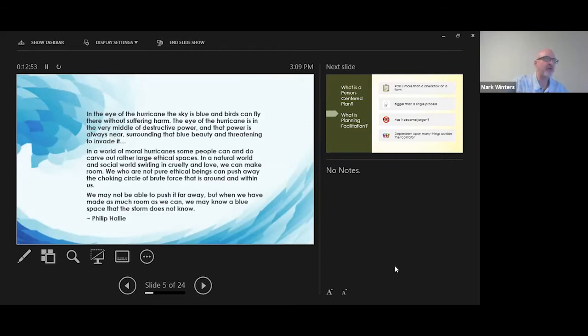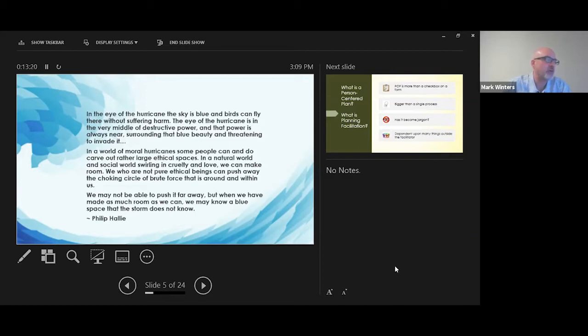In the eye of the hurricane, the sky is blue and birds can fly there without suffering harm. The eye of the hurricane is in the very middle of destructive power, and that power is always near, surrounding that blue beauty and threatening to invade it. In a world of moral hurricanes, some people can and do carve out rather large ethical spaces.